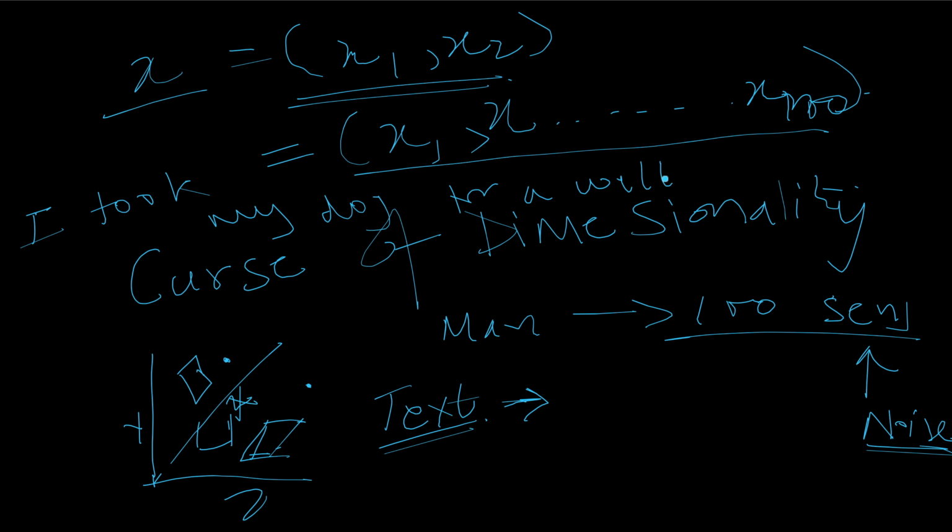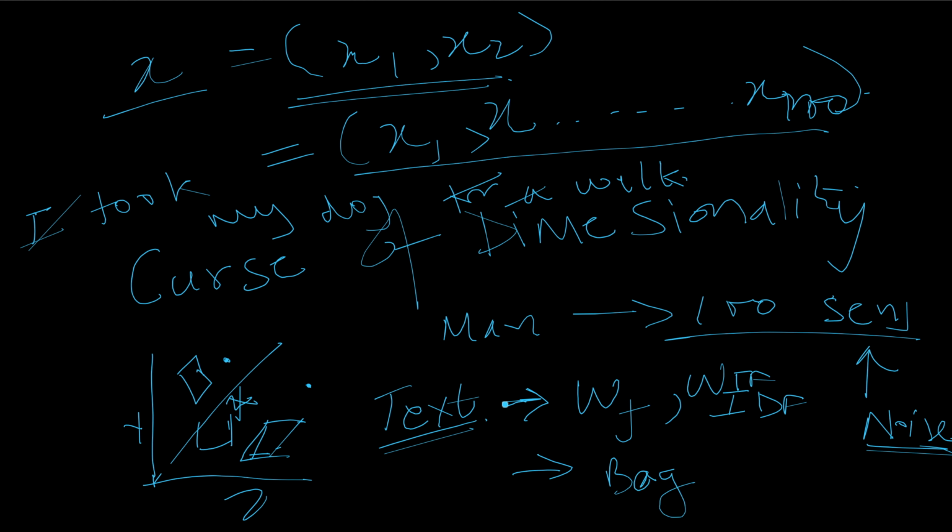In most text analytics, you will remove all the stop words, like I, and then take the remaining words and do the word frequency, or you can do things on the basis of word frequency, which is TF-IDF, term frequency inverse document frequency. Or you can take something called a bag of words model, in which you just see whether a particular word is present or not. And we'll talk about more of these things later on.